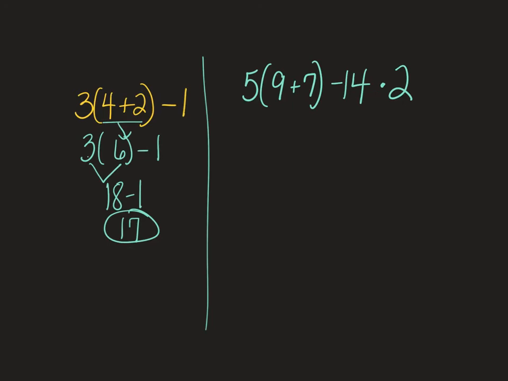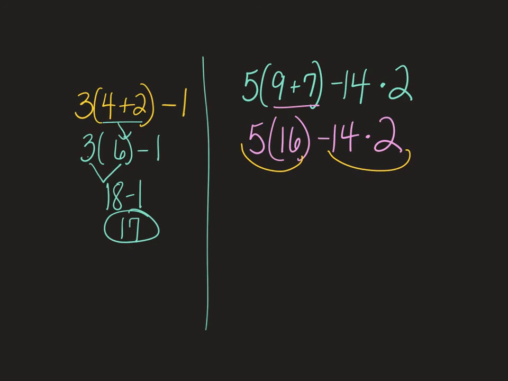Okay? All right, let's solve together. Do I have anything in parentheses? I do. So 9 plus 7 is 16. Minus 14 times 2. So now, do I have any exponents? No. And I do have multiplication and division. In fact, I have two of those, multiplication and multiplication. So I'm going to work from the left to the right.